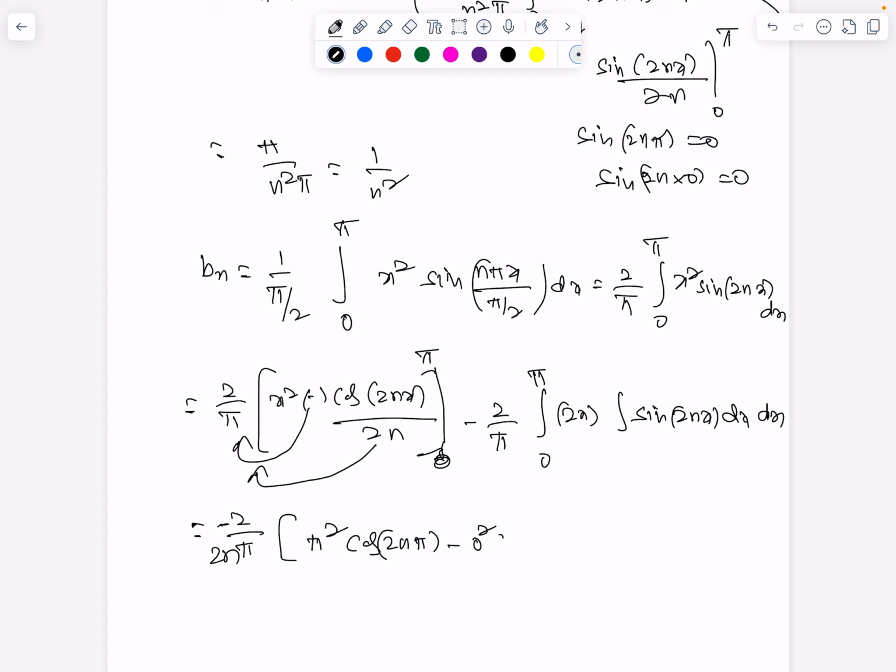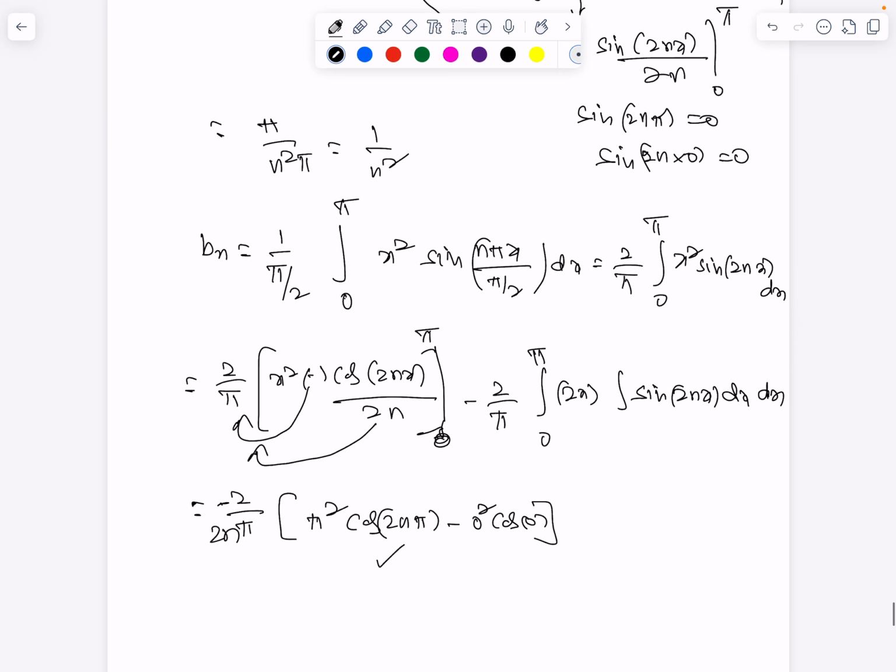So, only the surviving term is this one, and then minus 4 by pi into the integral from 0 to pi of x into cos, of course with the minus sign, minus cos 2nx by 2n dx.